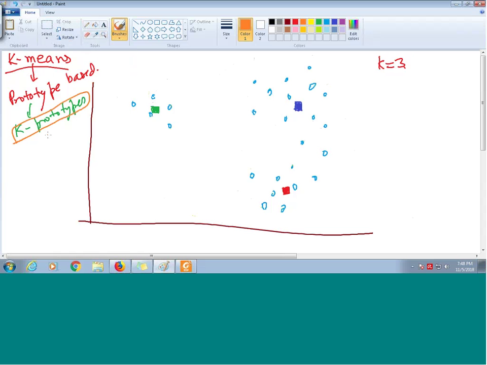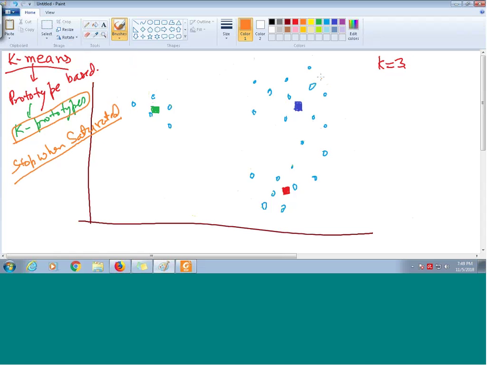So you stop when saturated. You see that the saturation has been achieved. Now there would not be any change. All right.